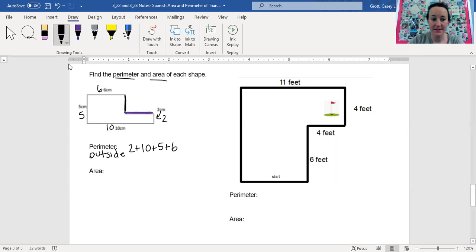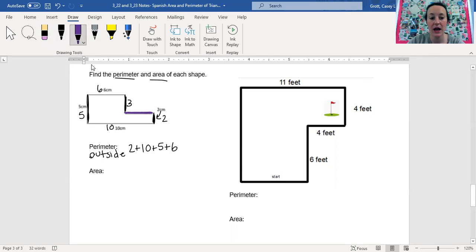If this length is 5, notice it's vertical, and this length is 2, then 2 plus this length should get me to 5. So that means this one is going to be 3, because 3 plus 2 should add up to 5.